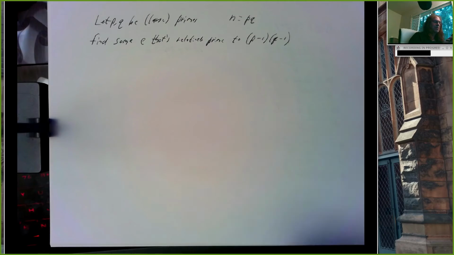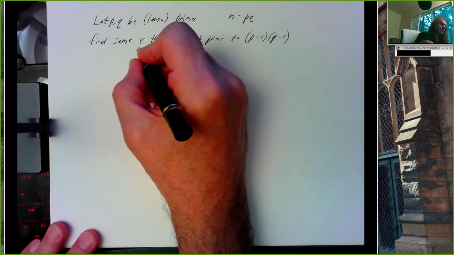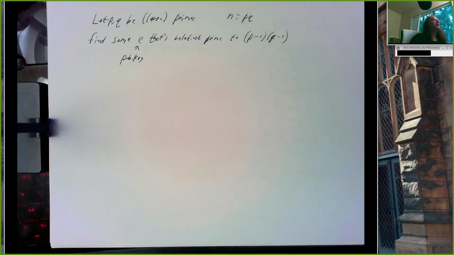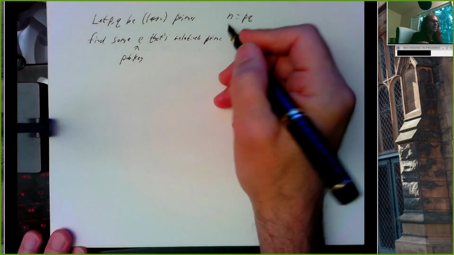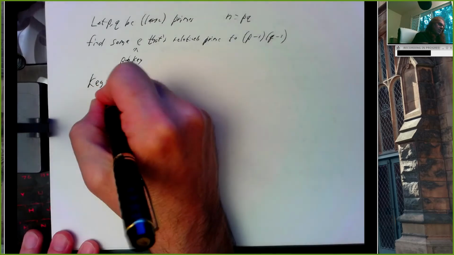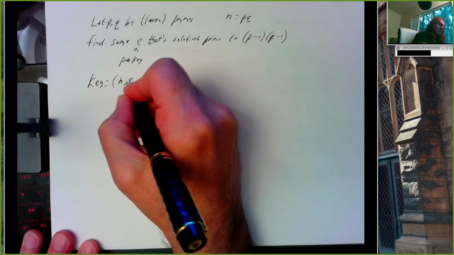So you find a number that doesn't have any factors in common with p minus 1 and q minus 1. And this is your public encryption key. This is the key that you advertise to the world along with this product n. So your key equals this pair n comma e.